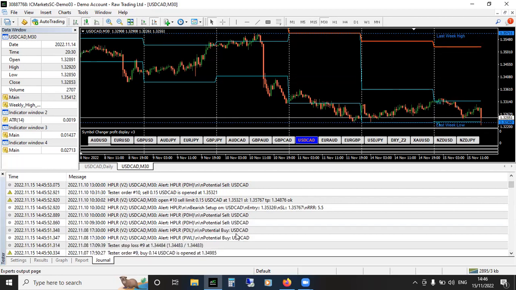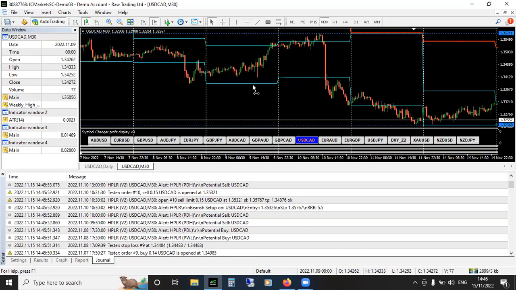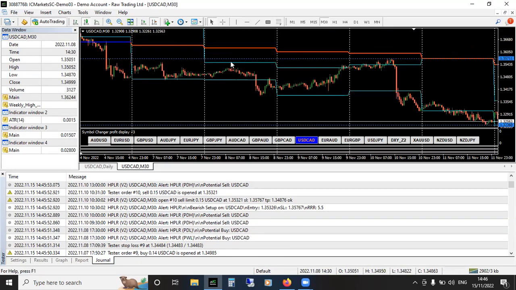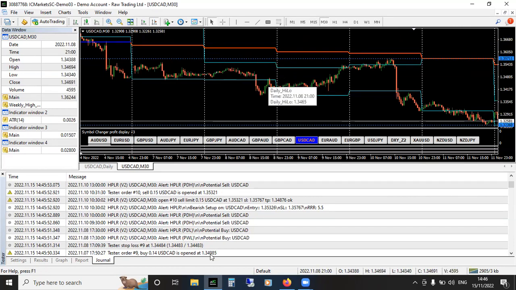So this is on the 8th. That is when we had the first. On the 8th, remember we said use previous week's lows as well. So it sent us on the 8th that the week's lows, which was this, had been taken. But we didn't get any setup there.